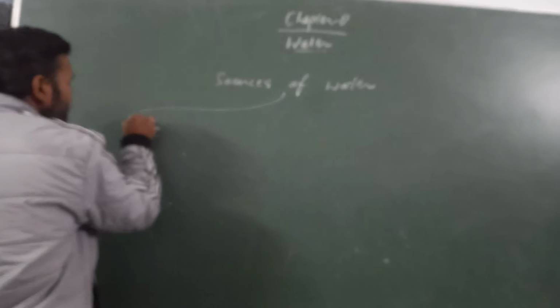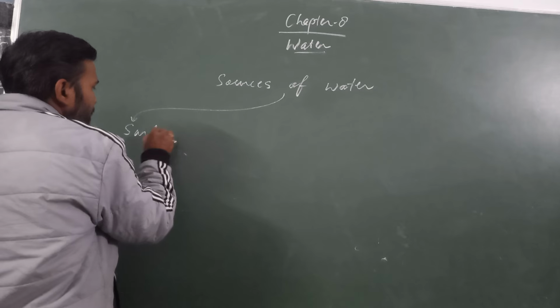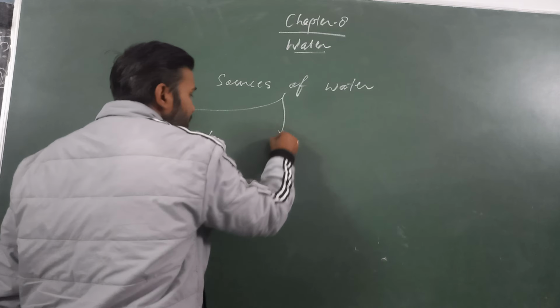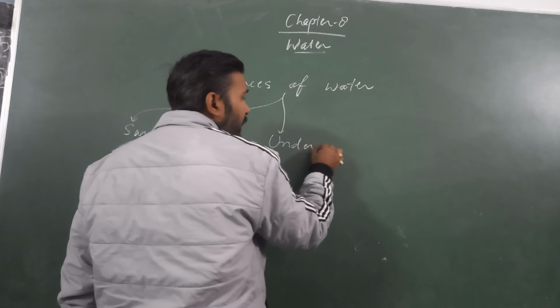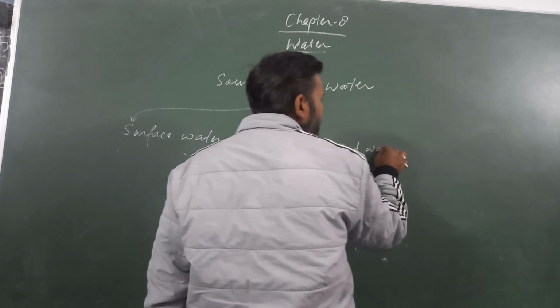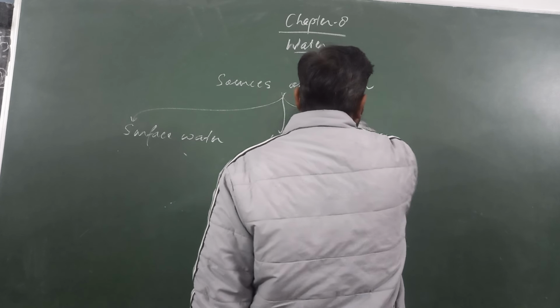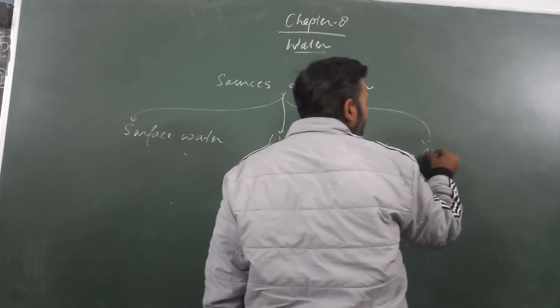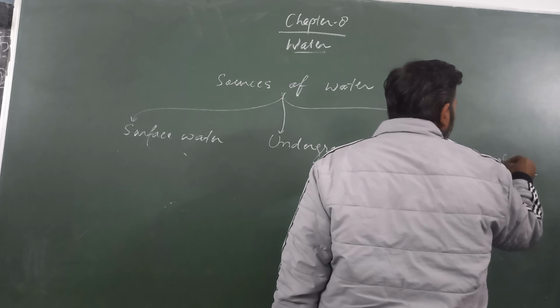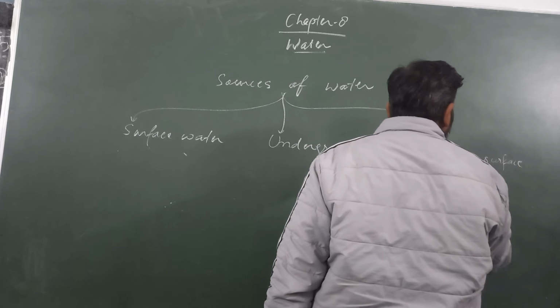The first one is surface water, the second one is underground water, and the third one is above the surface water.